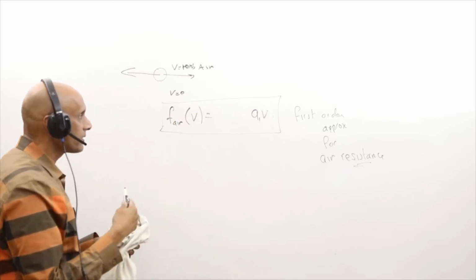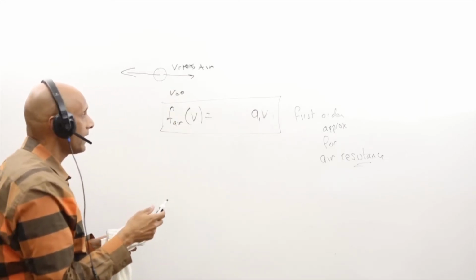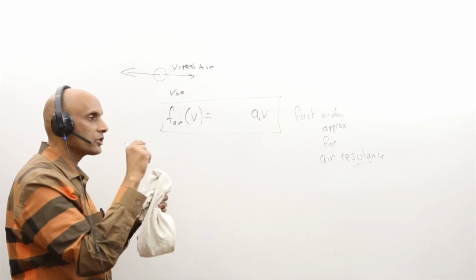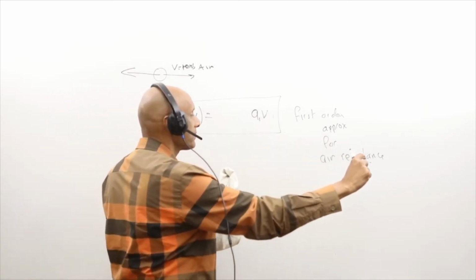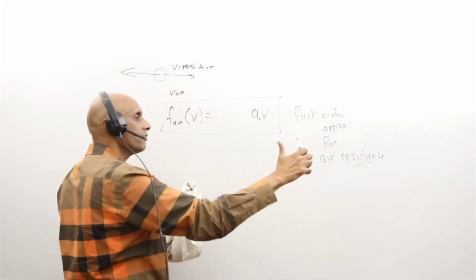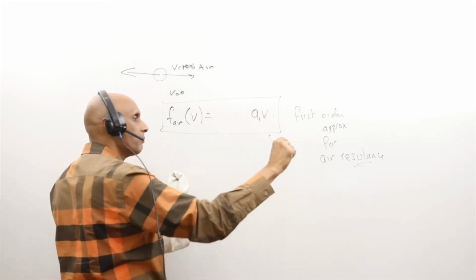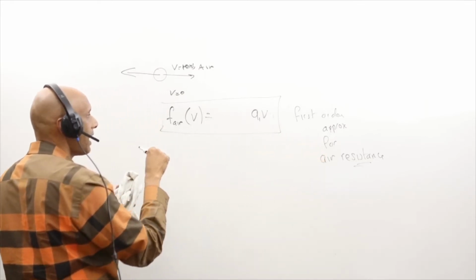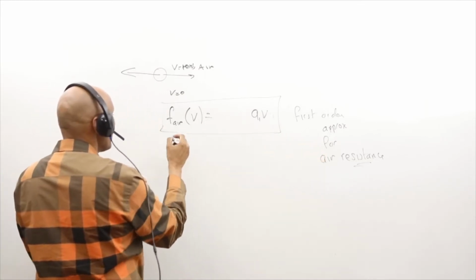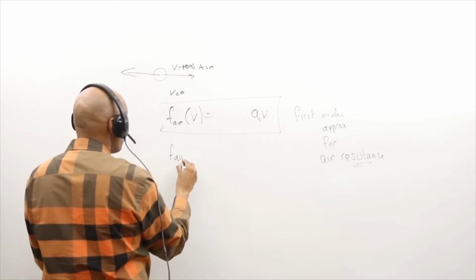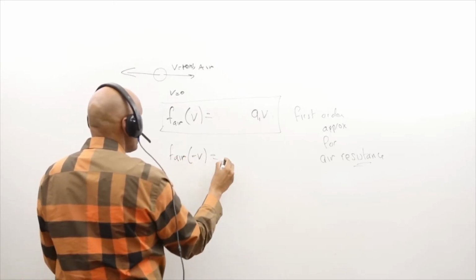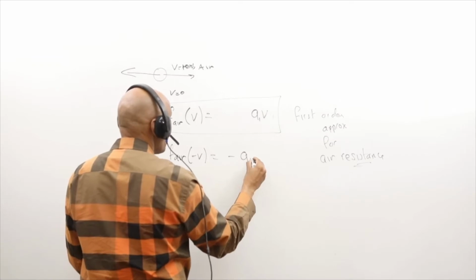Now let's be more specific. I also will assume that if the ball is traveling to the right, then it experiences force backwards. But if the ball is traveling with the velocity in the opposite direction, then the force for minus v must be equal to minus A1 v.